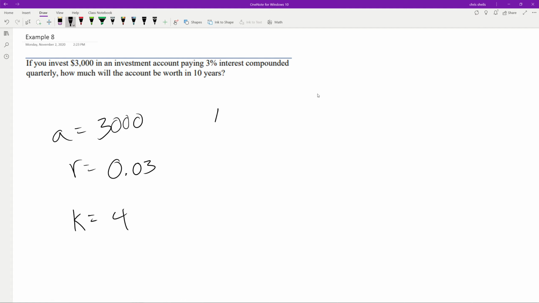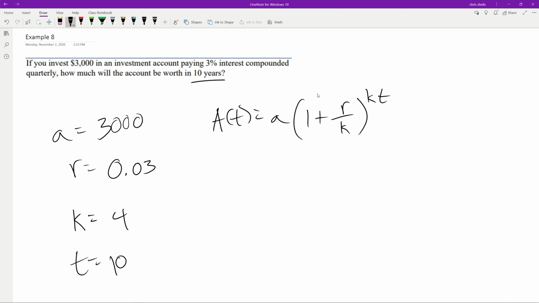And now, remember this formula was A of t equals A times 1 plus R over K to the KT, right? And we're looking at 10 years. We want to know how much this will be worth in 10 years. So T is 10.